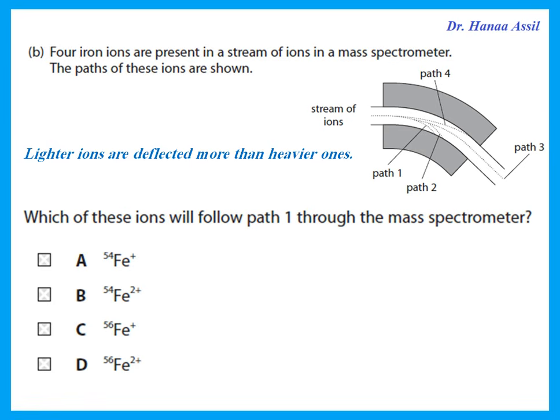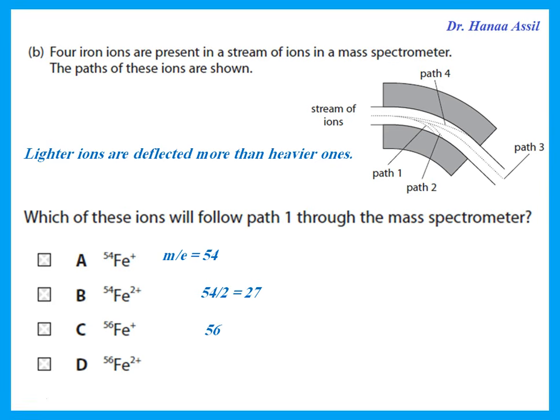Lighter means the m over e. So the first one has a mass of 54 and a charge of +1. So that is 54. Now the other one has a mass of 54 and a charge of 2. So your m over e is actually 27. The third one has a mass of 56 and a charge of +1.